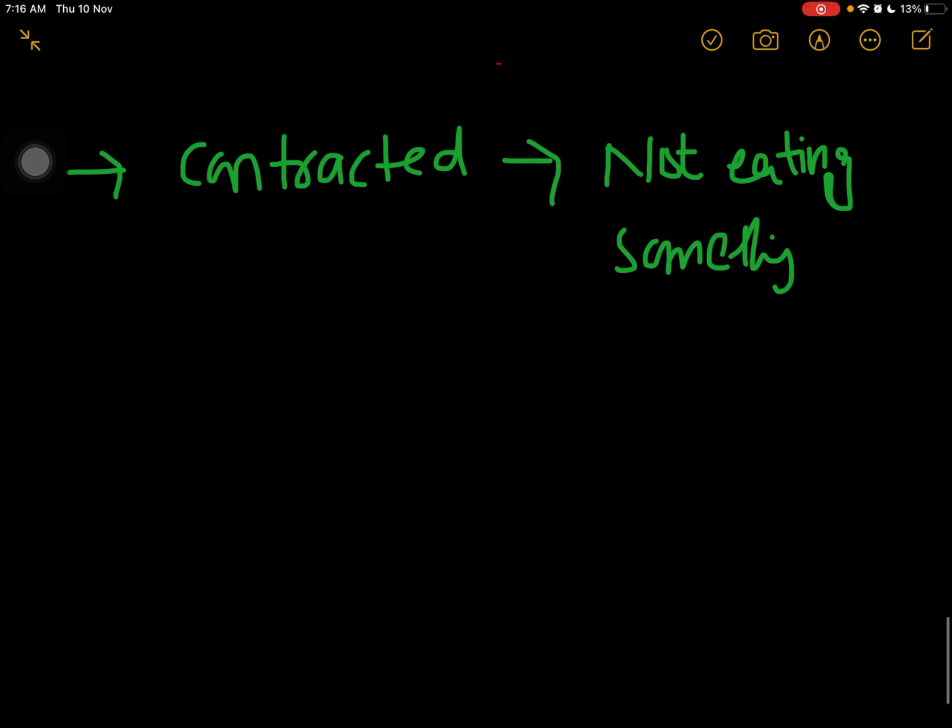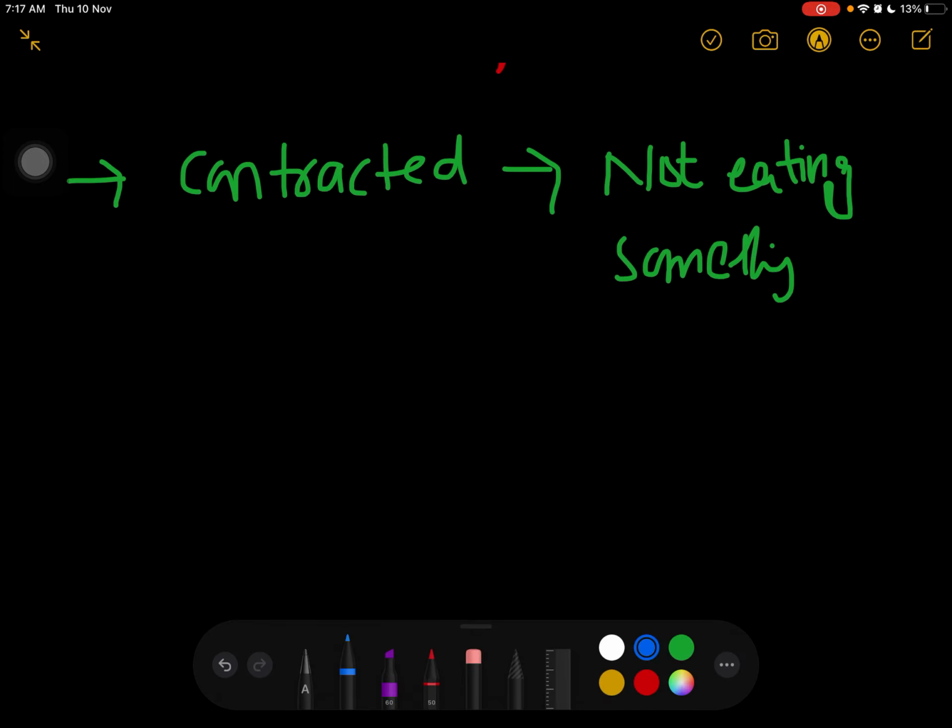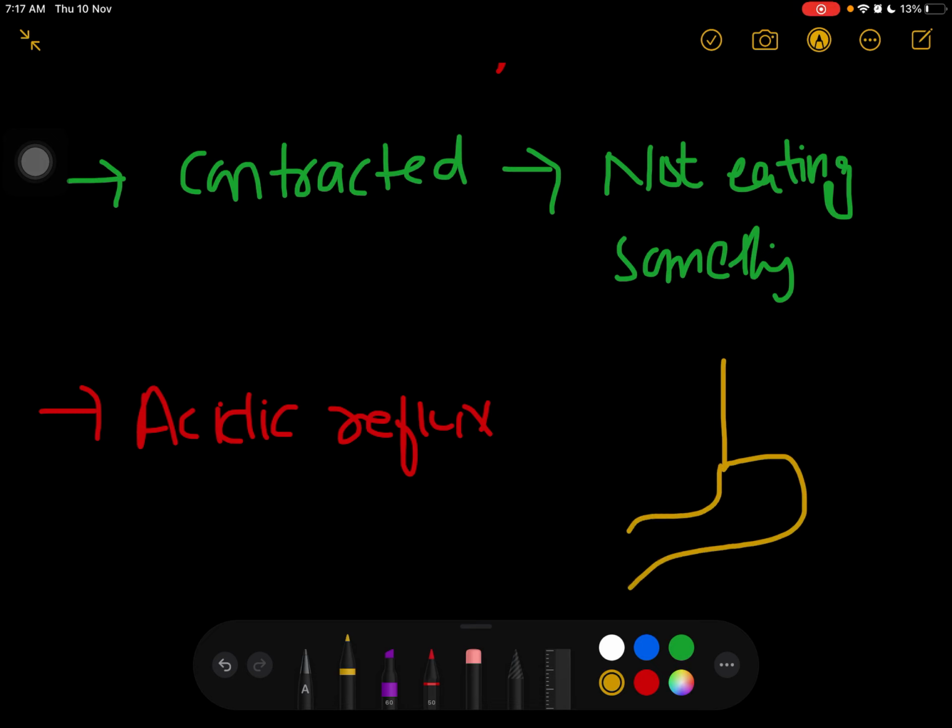Okay, why does it remain contracted all the time? Because it stops the acidic reflux. Basically, let me show you this. Consider this is the esophagus, and after the esophagus we are having this stomach, right? My drawing is not good. So here we are having the upper sphincter, and here we are having the lower sphincter, or you can say cardiac sphincter.